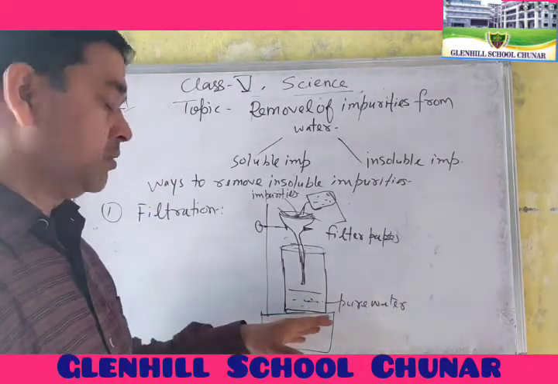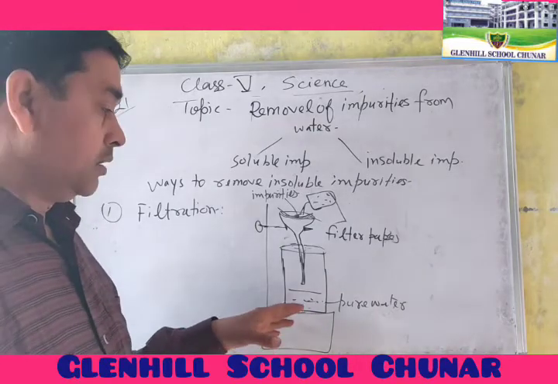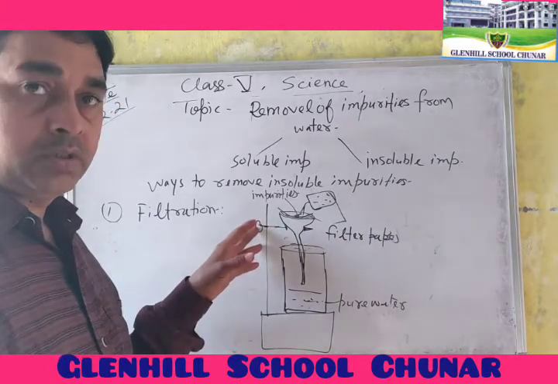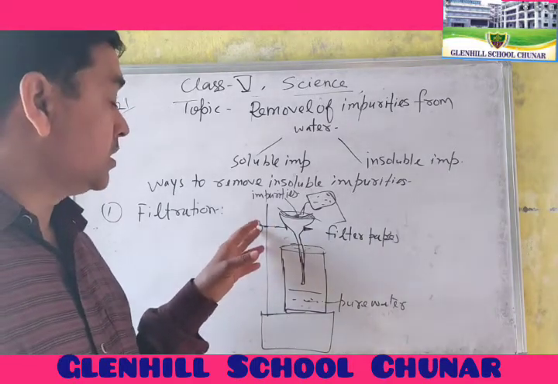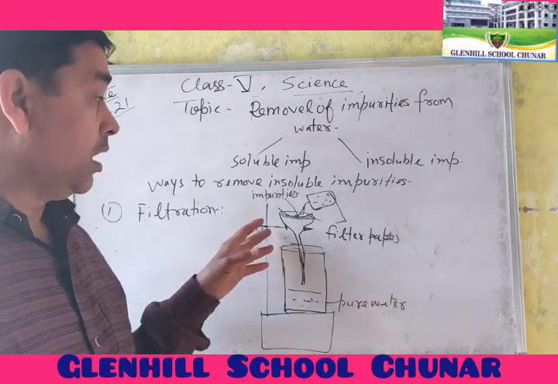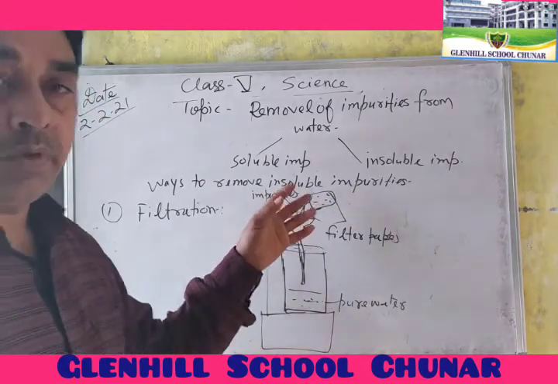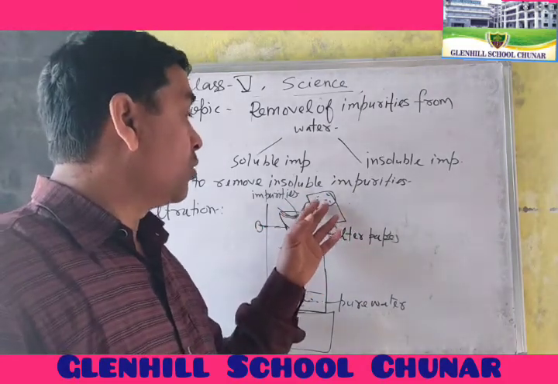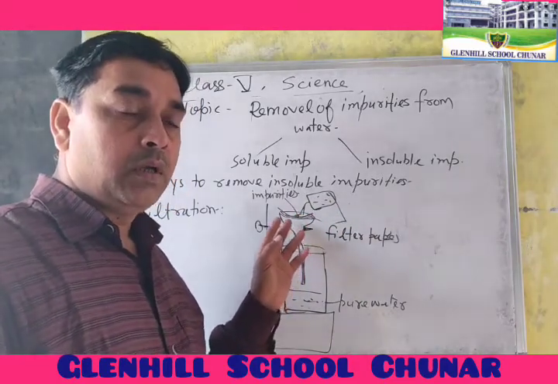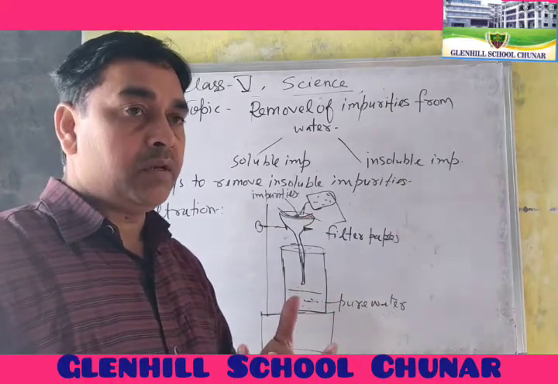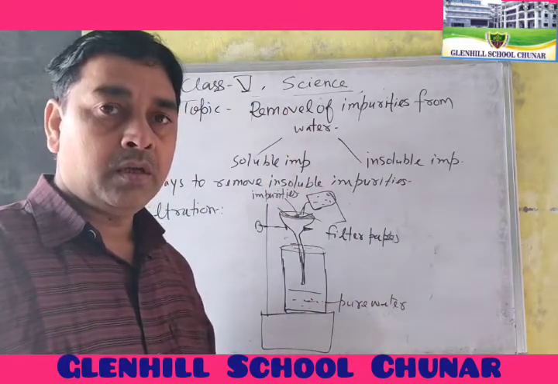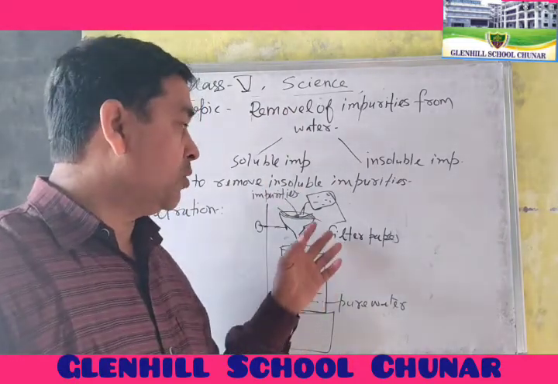The beaker is properly kept on the stand, and a funnel with a key is kept on it. When we pour the impure water into the funnel, the mouth of the funnel is covered with filter paper. The filter paper removes the impurities.